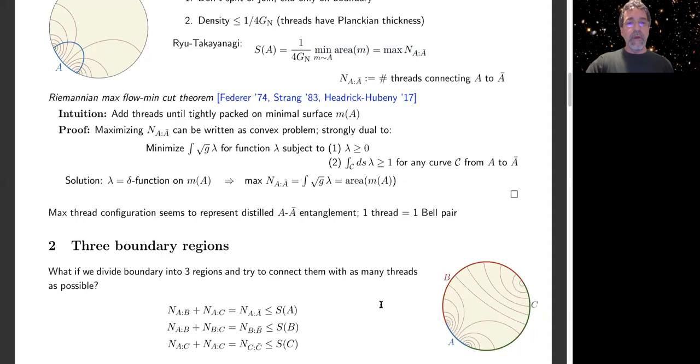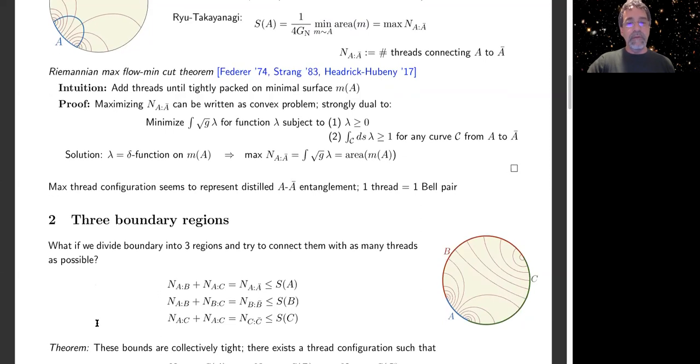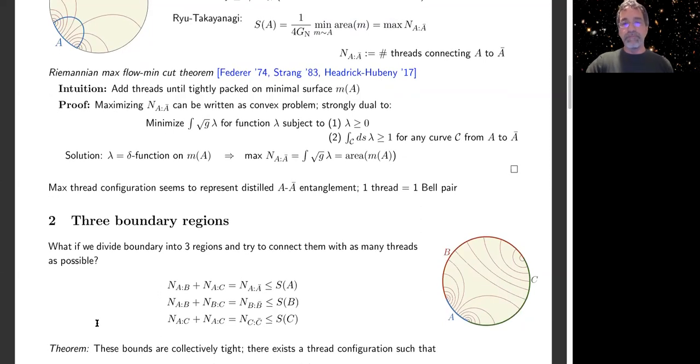And so I have some inequalities that bound the number connecting A to B plus the number connecting A to C, et cetera. Okay, so I have these 3 inequalities. And I also know that I can saturate any one of them by that max flow min-cut theorem. But the surprise is that actually you can saturate all 3 of them simultaneously.